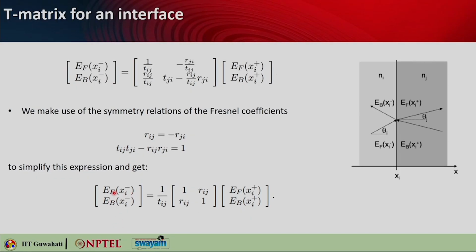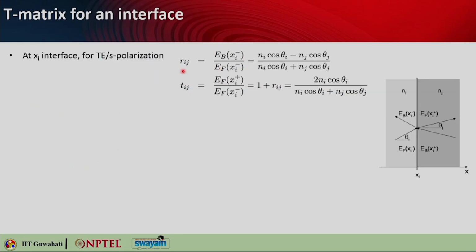Now, if you see here, what is Rij? Rij is nothing but the reflection coefficient between the interface I and j. So what is the reflection coefficient? This is basically the ratio of this field over this field. So you can write this over this, right, and Rij is already known to you from the Fresnel coefficient.